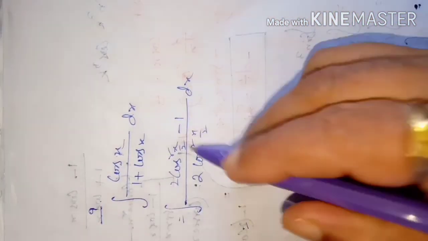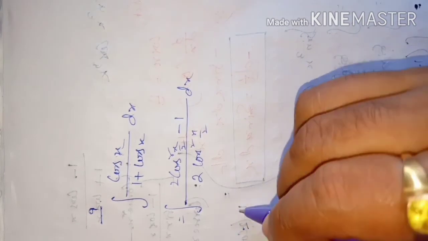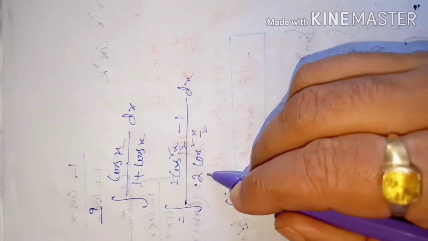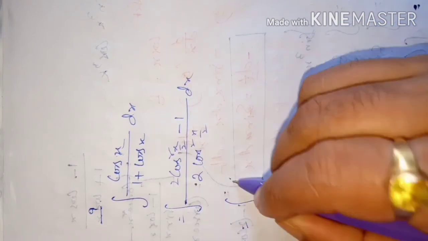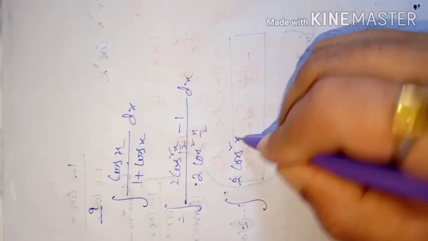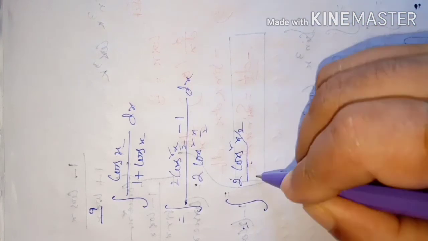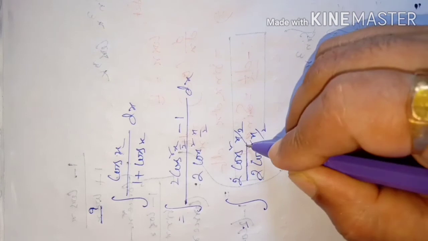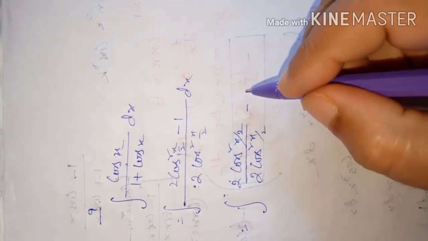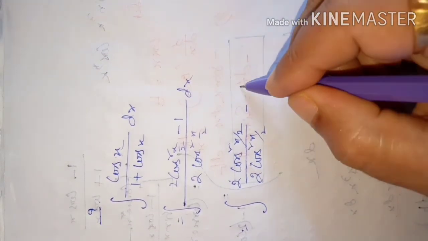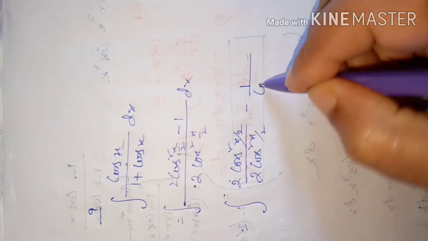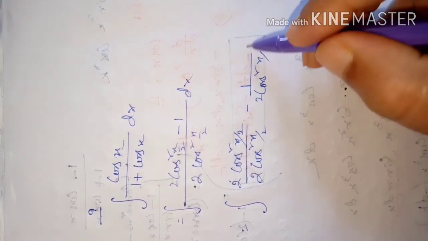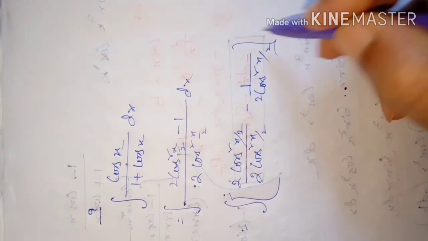Now if we separately write this, it will be like this: integration of 2 cos square x by 2 divided by 2 cos square x by 2, minus 1 by 2 cos square x by 2, with dx for the whole thing.